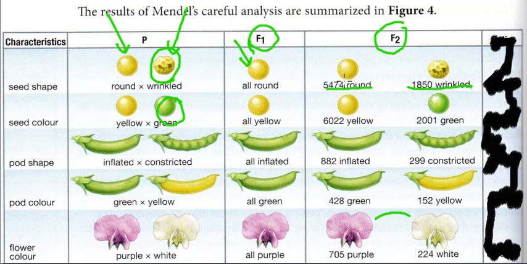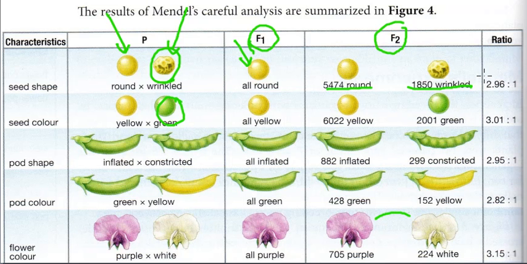Now, he did some math and looked into the numbers, and he noticed that there's a certain pattern. If we simplify the numbers, it will give a certain result. So let's do the math. Here you see the ratios. The ratios are 2.96 to 1, 3.01 to 1, and so on.